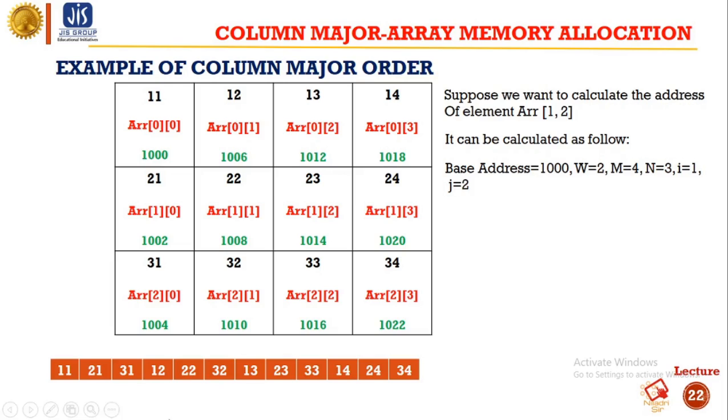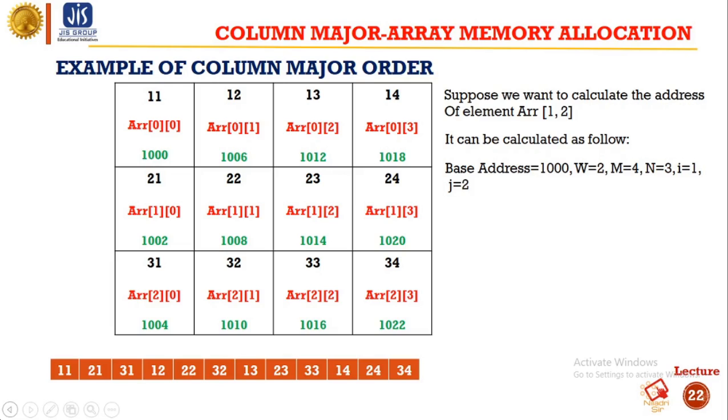M is 4, that means the number of columns is 4. N is 3, that is the number of rows is 3. I is 1 and J is 2, as we have to find the address of element ARR12.